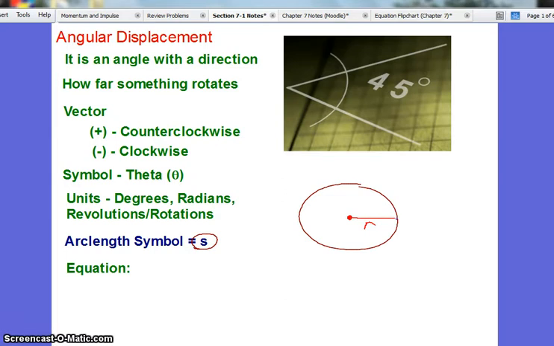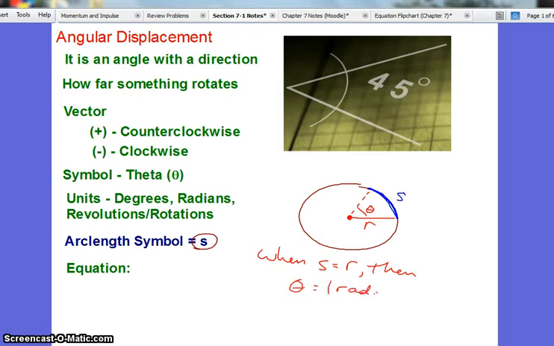The arc length is the outside length of the circle. And so, here we have the arc length. And when the arc length equals the radius, then that is defined as an angle of 1 radian.